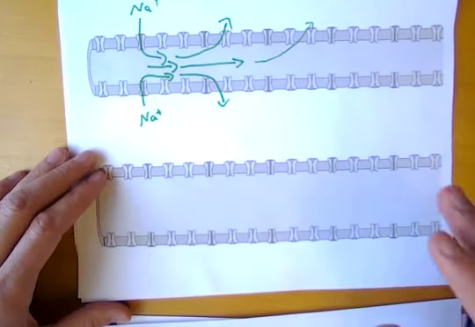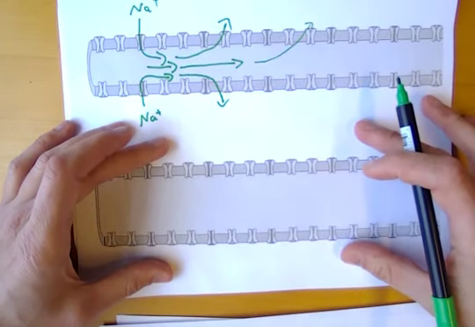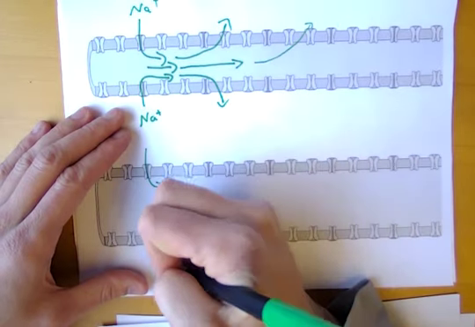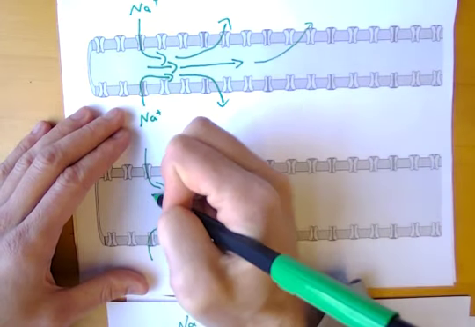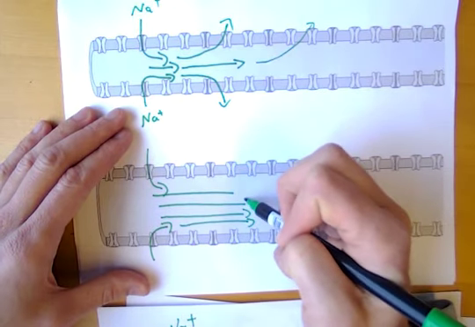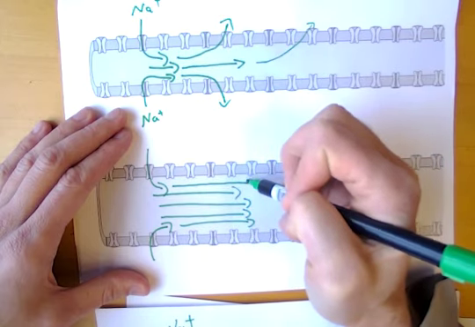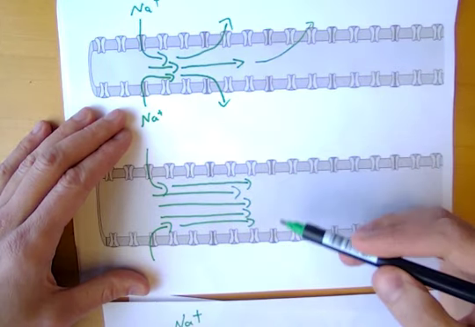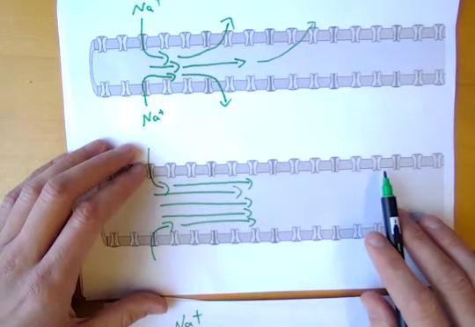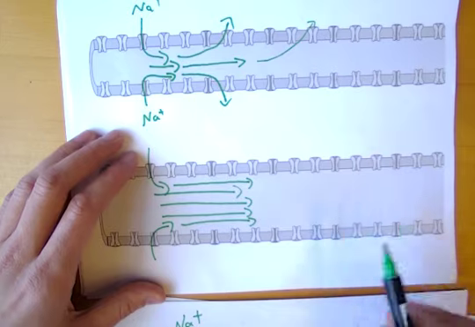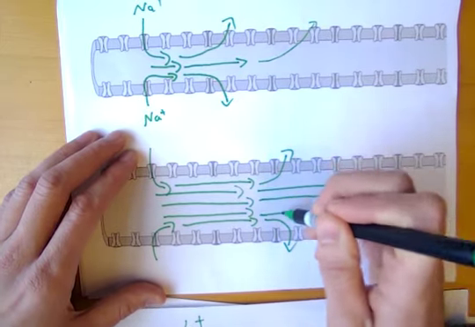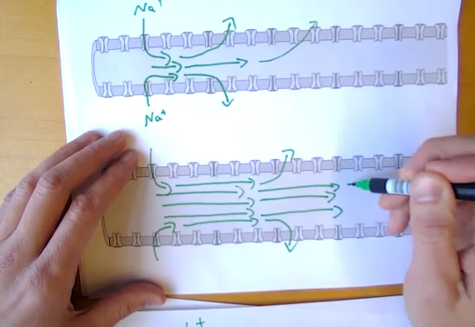Well, we can help the propagation by expanding the diameter of our axon, so that our current occupies a larger volume. And so that ratio of the surface area, given the volume of the intracellular space, is such that there is less surface area for the amount of charge that's moving. And so it has better staying power, because less charge leaks out.